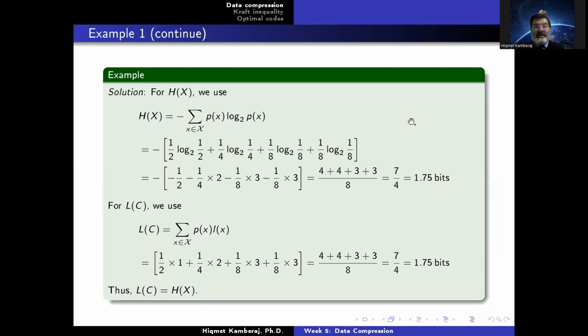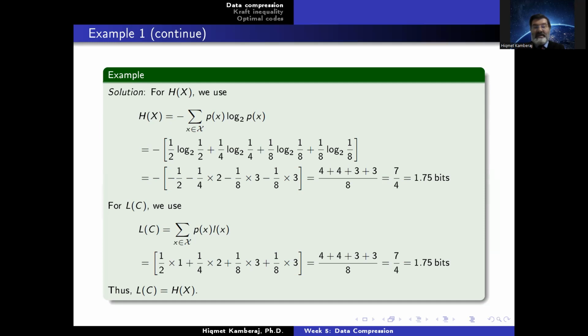Now, if we calculate the Shannon entropy H of X, we use the formula minus the sum over all x from chi of P of x log base 2 of P of x. This is equal to minus 1 over 2 log base 2 of 1 over 2, plus 1 over 4 log base 2 of 1 over 4, plus 1 over 8 log base 2 of 1 over 8, plus the same 1 over 8 log base 2 of 1 over 8.